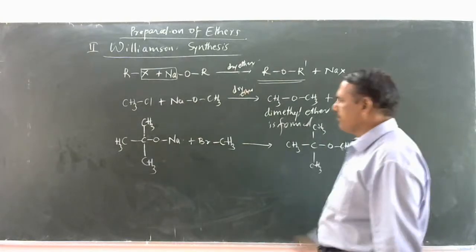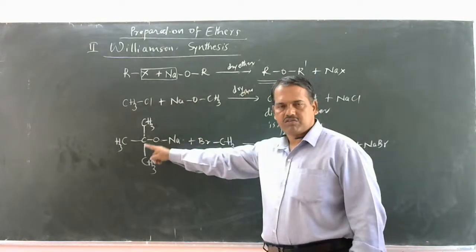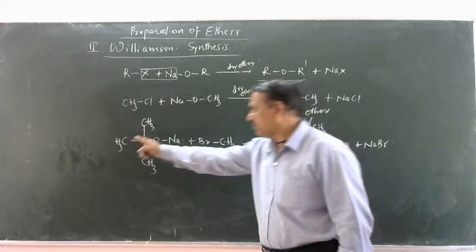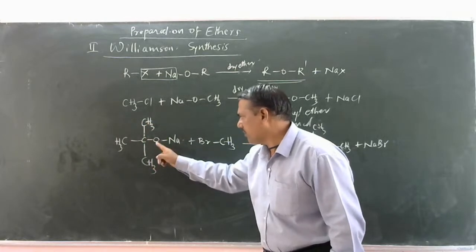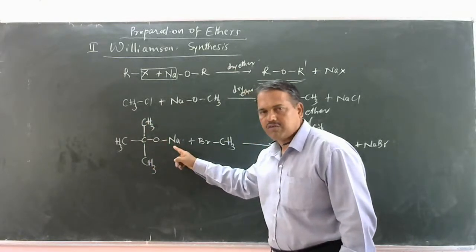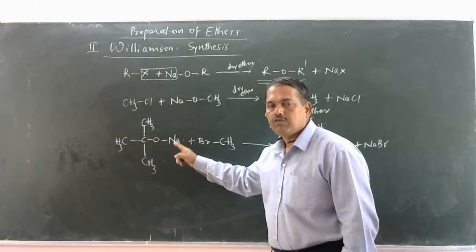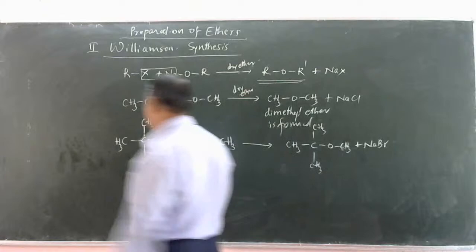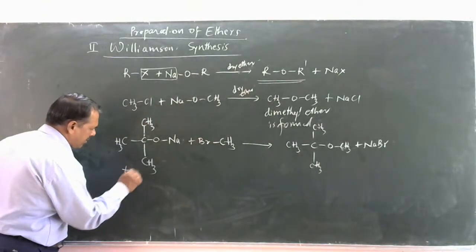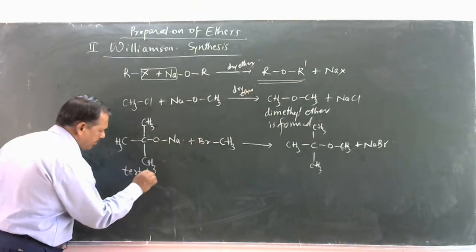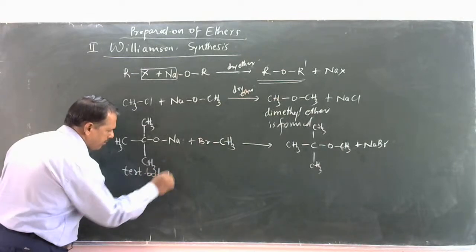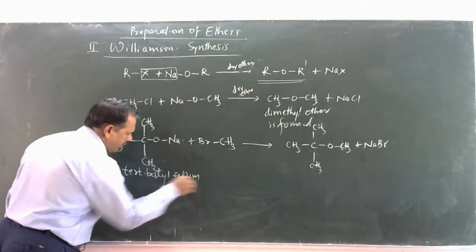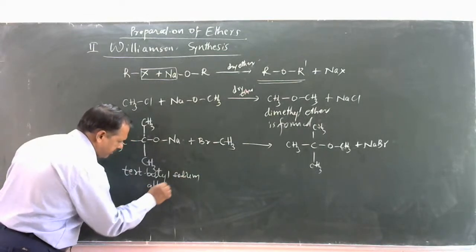Are you clear? Sodium alkoxide, which is a tertiary ion. Here it is tertiary butyl sodium alkoxide. What is the name of this compound? Tertiary butyl sodium alkoxide.